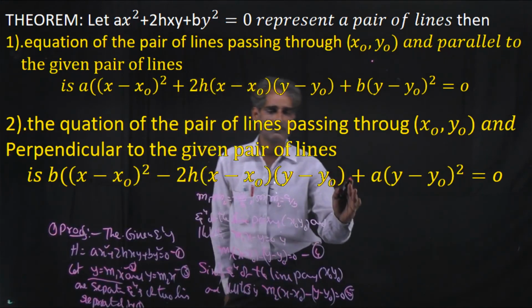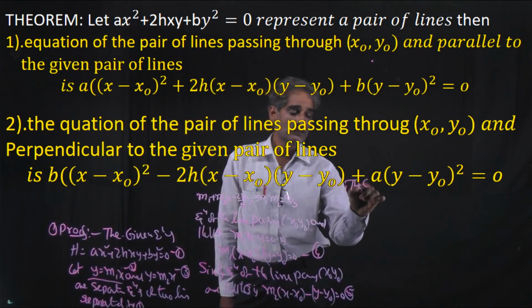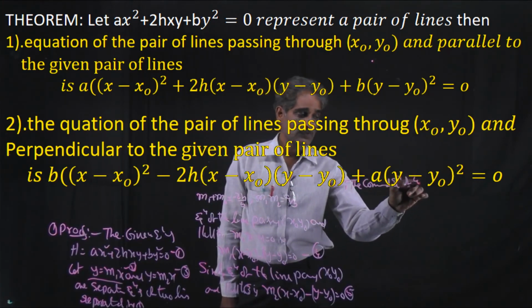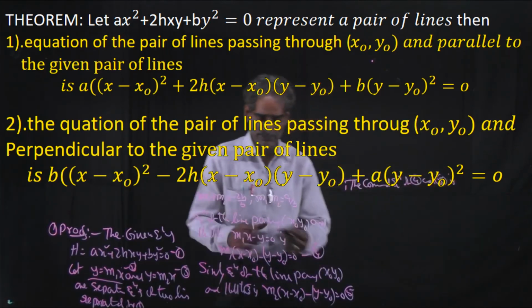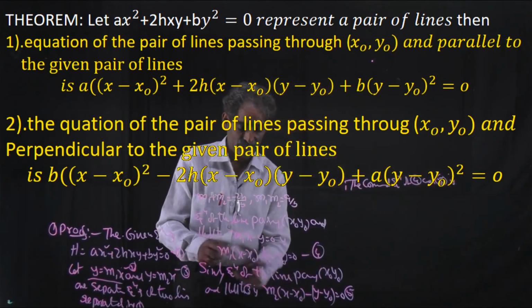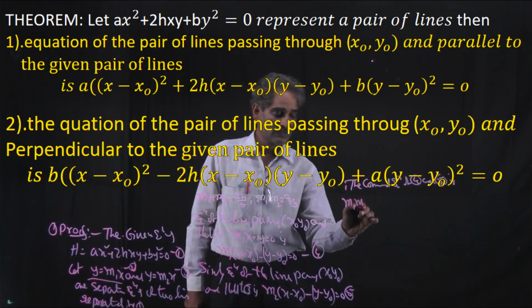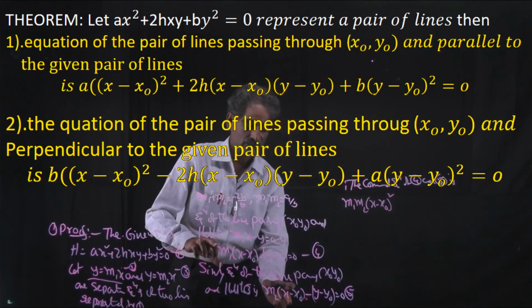So here the combined equation of 4 and 5 is, by multiplying these two, m1m2(x - x0)².